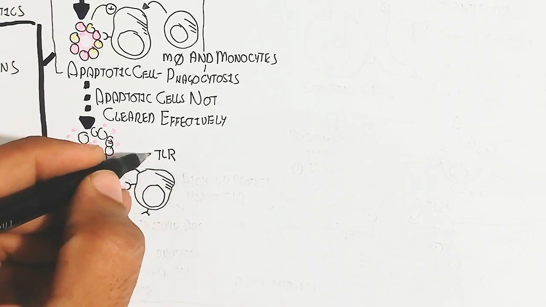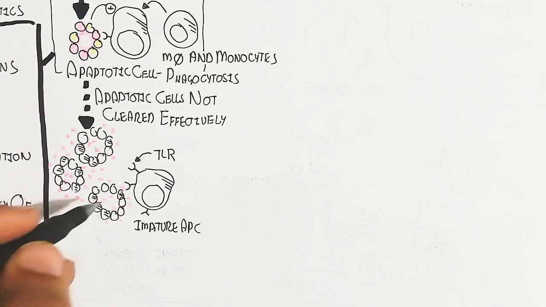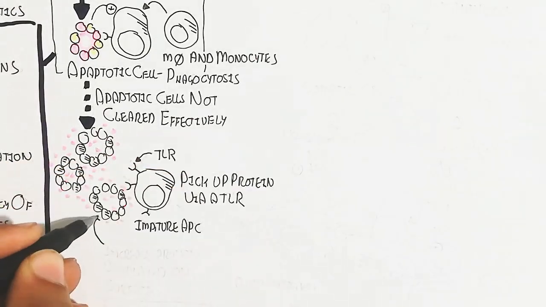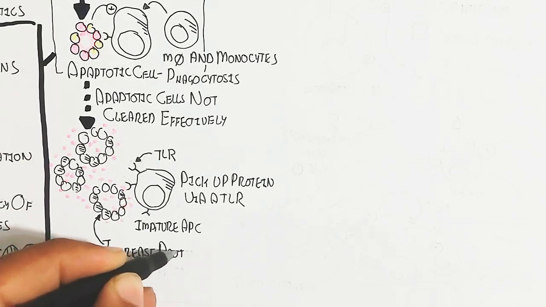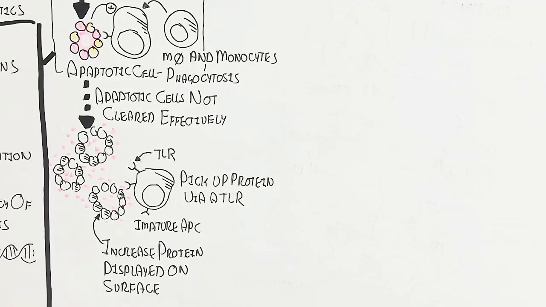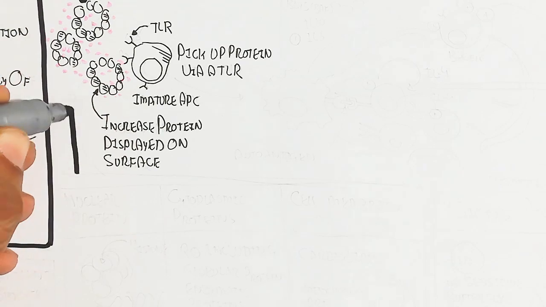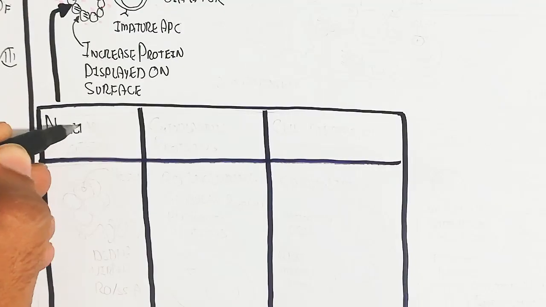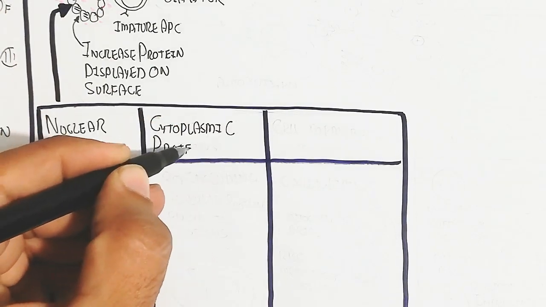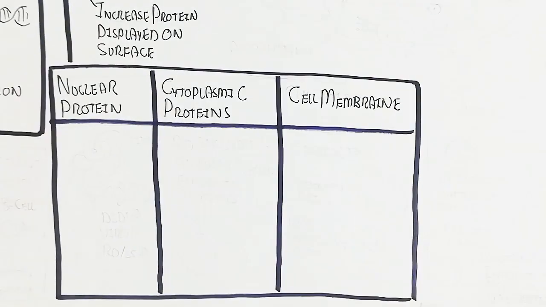In this way, the immature antigen presenting cell, which contains toll-like receptor, will recognize this antigen and pick up the protein via the toll-like receptor, and increased protein is displayed on the surface of the apoptotic cell. It can be a nuclear protein as an antigen, cytoplasmic protein, or cell membrane.